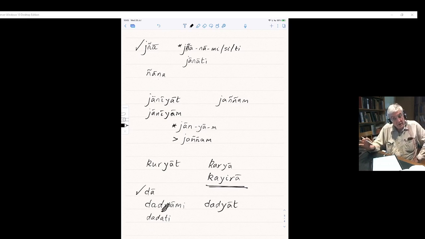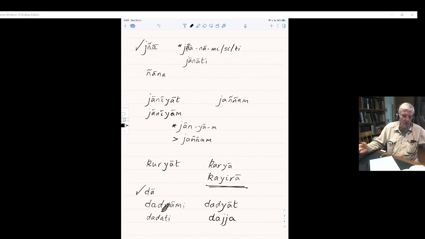Again, this is actually regularly formed in Sanskrit. And if you see the Pali form, dajjā, you might think, well, how could that mean he might give? Well, the answer is from dā, Sanskrit dadyāt, he might give. So dadyāt quite regularly becomes dajjā, or much more commonly dajja with a short a in Pali, he might give.